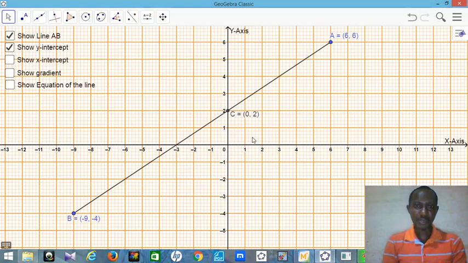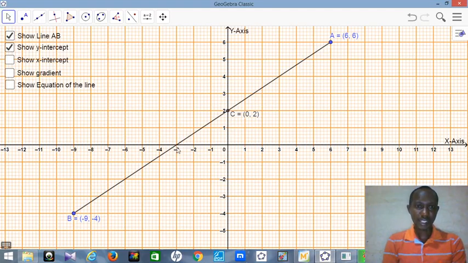These are some concepts you need to know, because there are some questions whereby they will give you an equation of a line and tell you to find the y-intercept. All they want you to do is to make x 0 in the equation, then you solve for y. I will still treat an example of such so that you get what we are talking about. At least I will use this example at the end to do that.